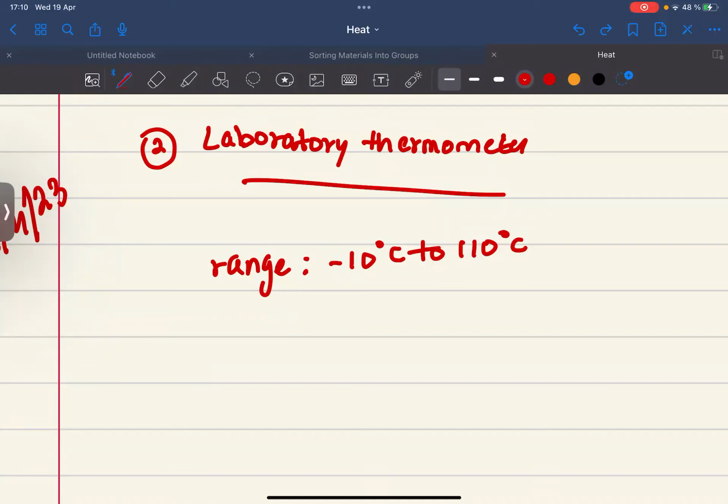Can any of you tell me why the mercury does not fall or rise in a clinical thermometer when you take it out of the mouth? Why does it stay in that place for a while? Ma'am, because of the kink. What is the kink?